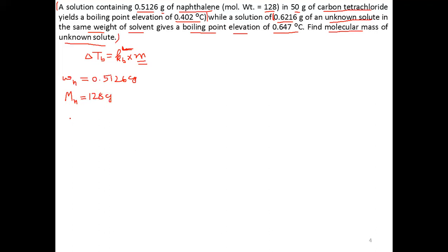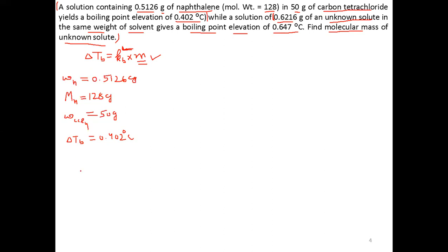The weight of solvent, carbon tetrachloride, I will denote it by WCCl4, that is 50 grams. Now we are given the boiling point elevation, delta TB is equal to 0.402 degree Celsius.